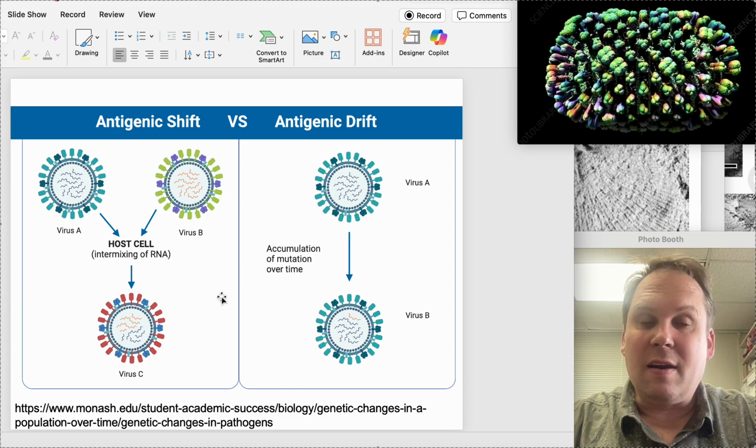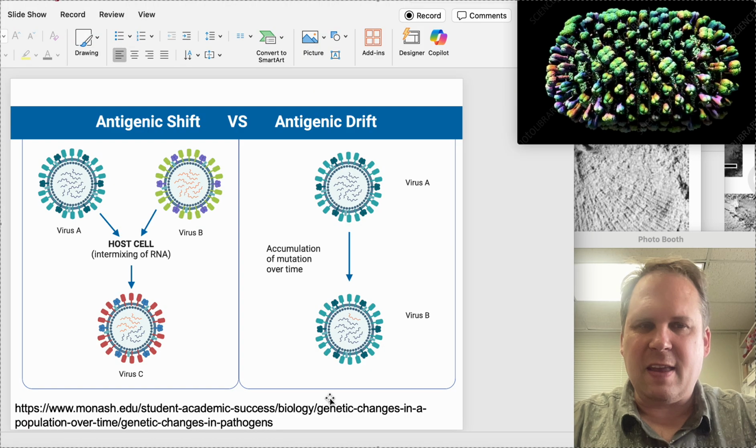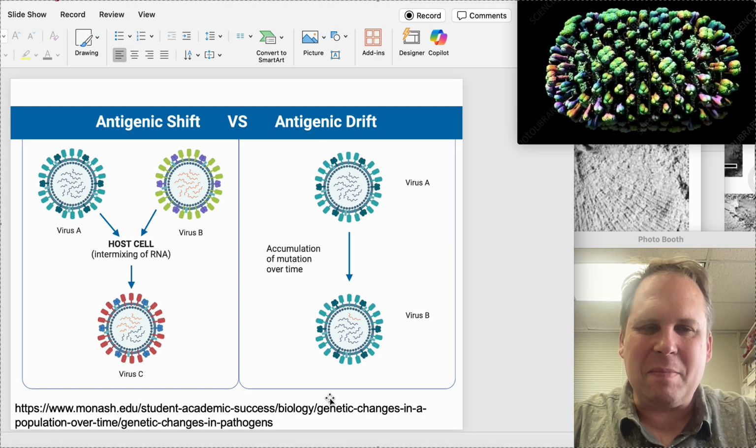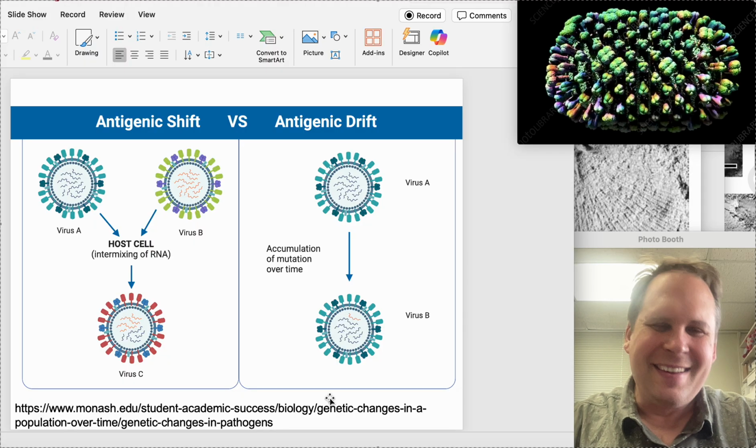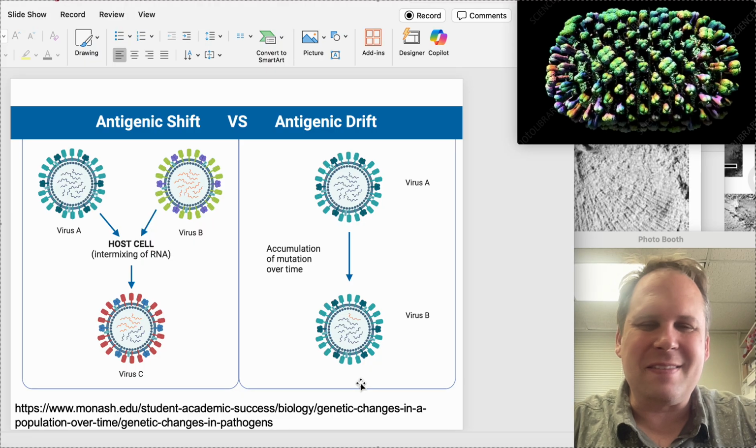Both of these are somewhat unpredictable, but the antigenic drift moves much slower. So when you think of shift, think of a big shift, like you push the shift key on your keyboard to make a lowercase letter into a big letter. There you go. Antigenic drift, think of that as just formless, unguided, one nucleotide at a time drift through sequence space.